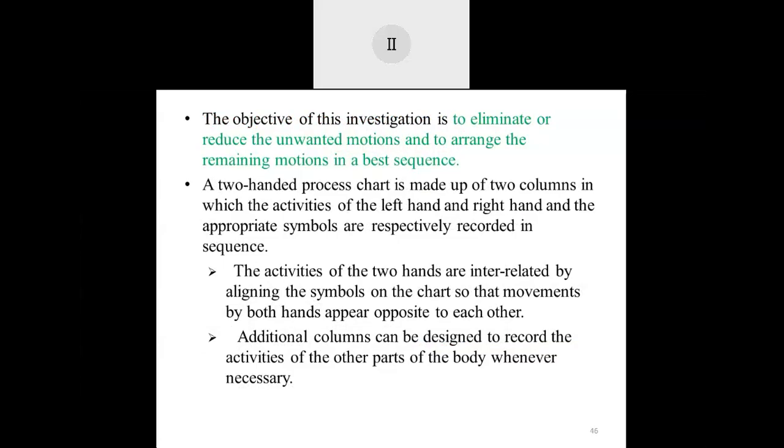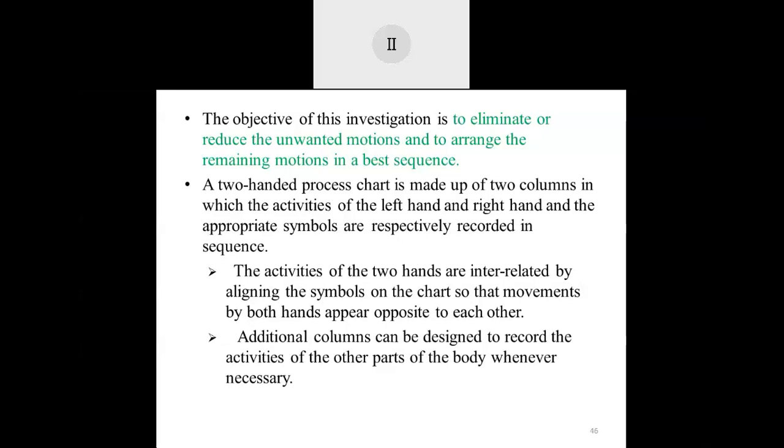If we have a clear idea how our hand is moving by using the two-hand process chart, then after analyzing that chart, we can reduce or eliminate any unwanted movement of our hand. Because when a process is going on, a worker is standing in front of a machine, the machine is running, then if there is some unwanted movement of our hand, it may cause some disturbance in the machine.